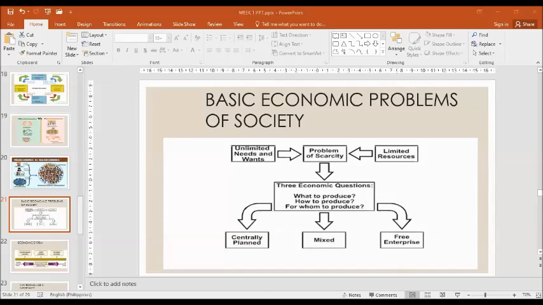What to produce? Then the second question that arises in the problems of our economy is how to produce. So how to produce? It speaks about the methods or the process.